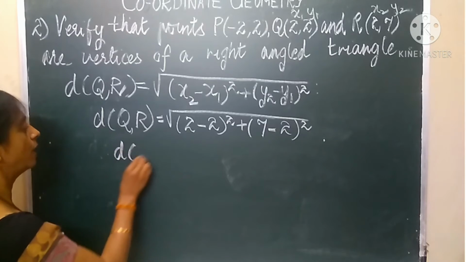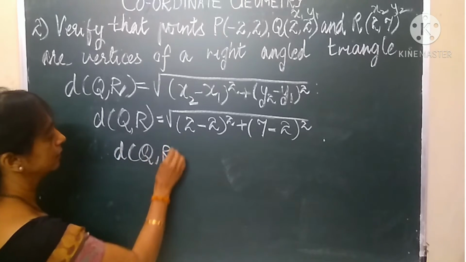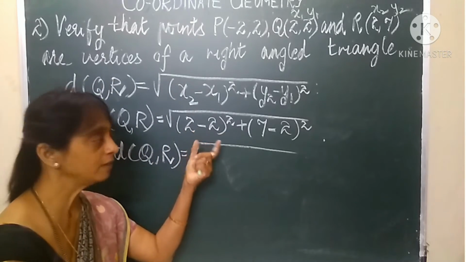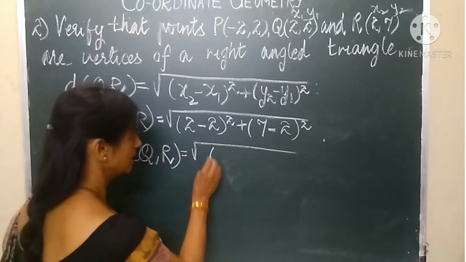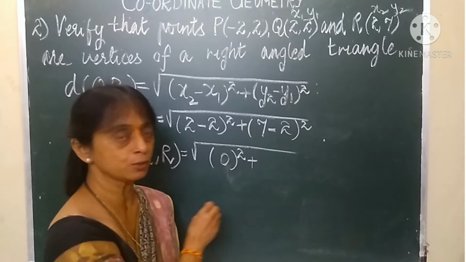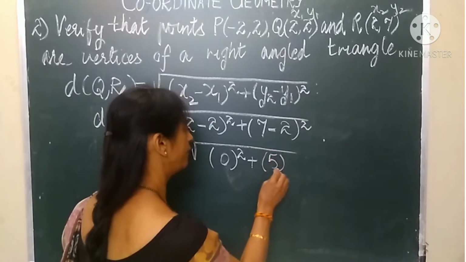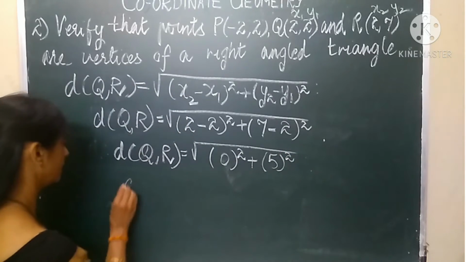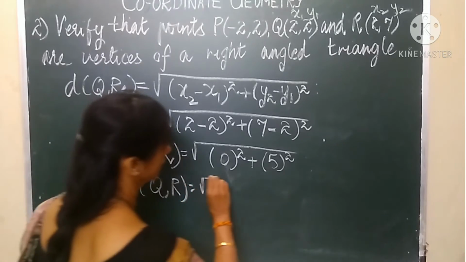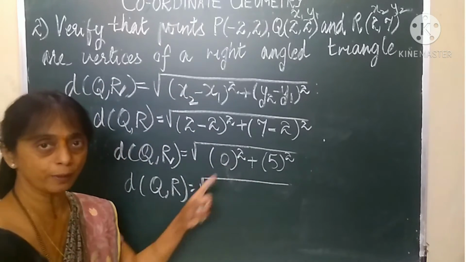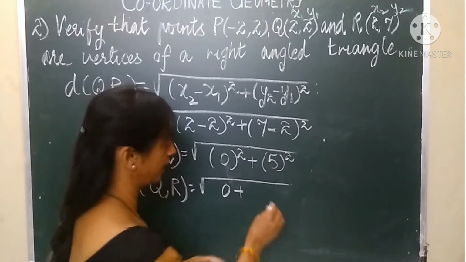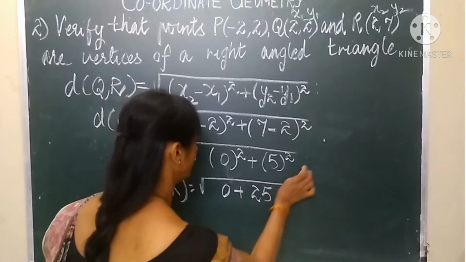Thus distance QR is equal to the first term. Let's solve it. 2 minus 2 gives us 0 the whole square plus 7 minus 2 that is 5 the whole square. So distance QR is equal to 0 square is 0 plus 5 square that is 25.